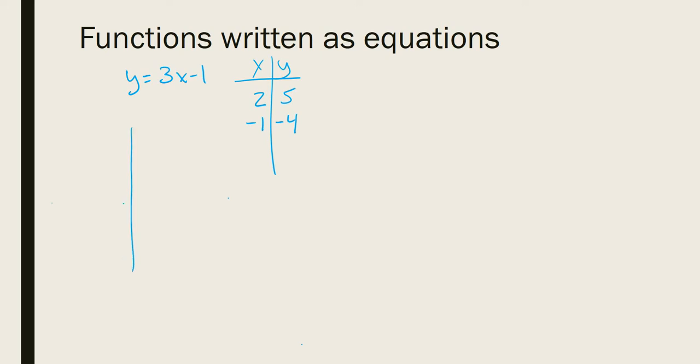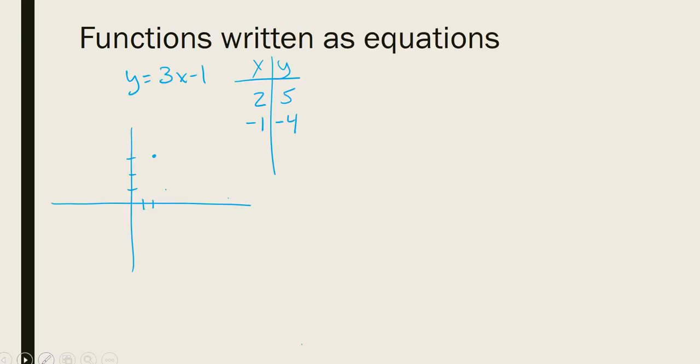The other way would be to look at the graph of this function, and it is in fact a linear function. We'll learn more about ways to graph it, but we've already looked at this a little bit. So 2, 5 is an ordered pair.